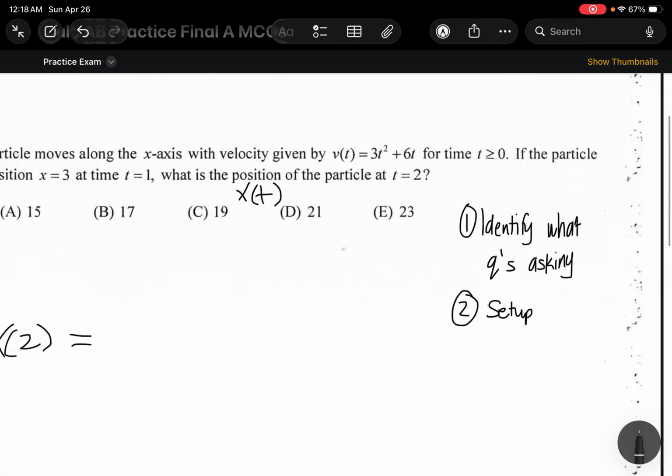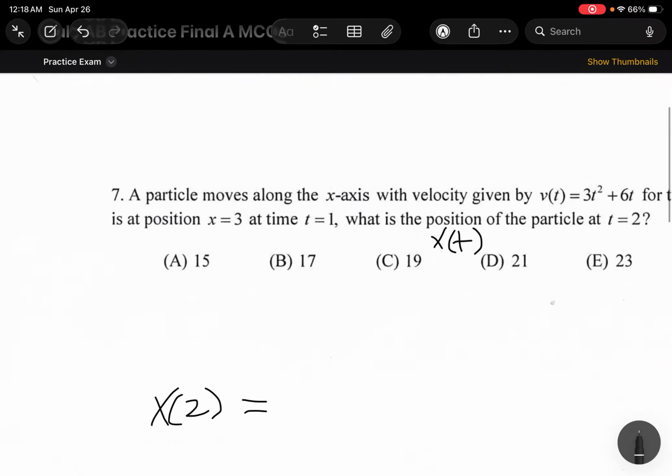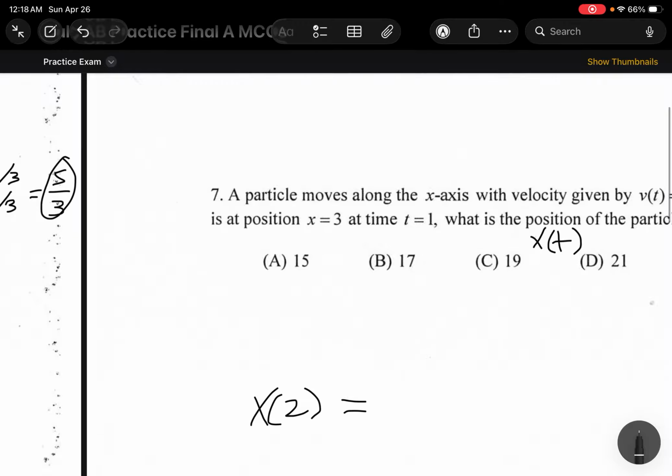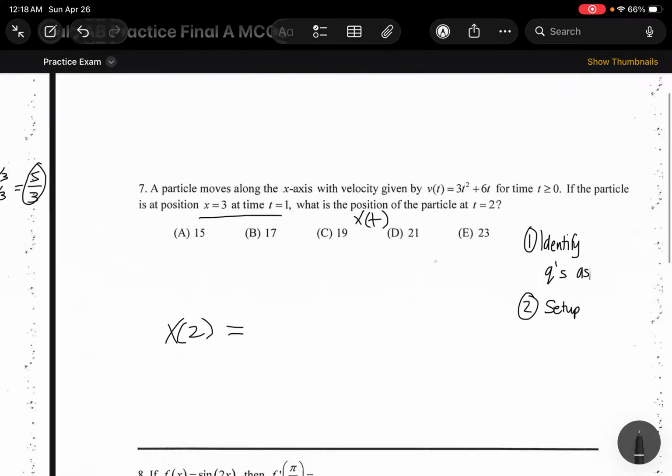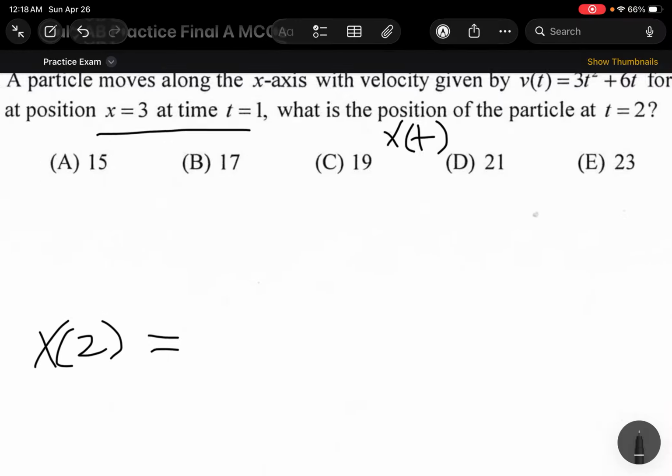So for these types of questions, whenever you find the original function at a certain given point, remember that you're always going to have to use the initial value when it's giving you a time. So our starting point was at t equals 1 at position 3. So that's going to be put like that.